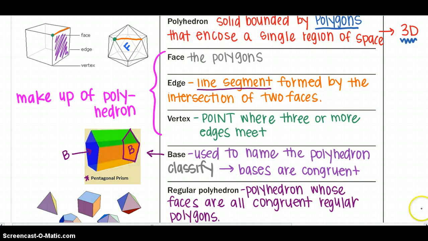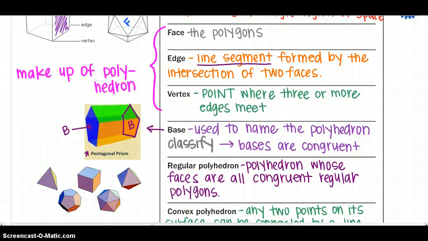So regular polyhedrons are polyhedrons whose faces are all congruent regular polygons. So I've given you a picture of those on the left, where you can see on the first one all of the faces of the polyhedron are triangles. The next one, a cube, all of the faces of this polyhedron are squares.